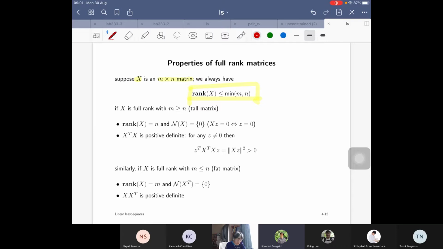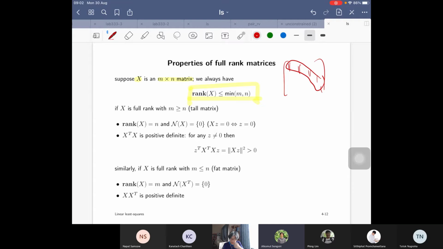Ping suggests that when you have a matrix x, you perform reduction into echelon form, and you look at the number of leading ones.